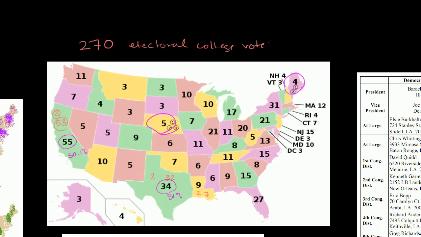If no candidate is able to hit this threshold of 270 electoral college votes, then it will go to the US Congress. And it's interesting because it isn't one congressman, one vote. Or actually, I should say the US House of Representatives. It won't be one representative, one vote. What will happen is the representatives in each state will vote together, and each state will get only one vote.